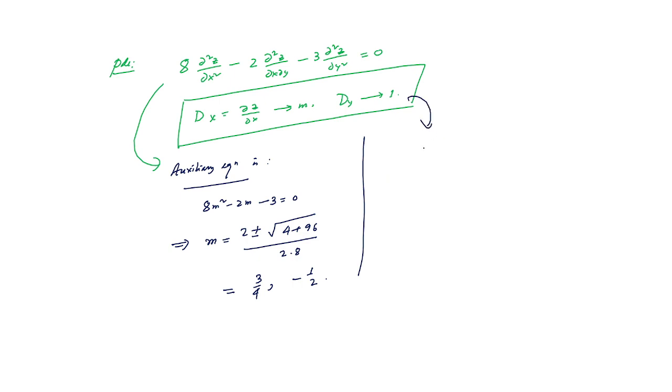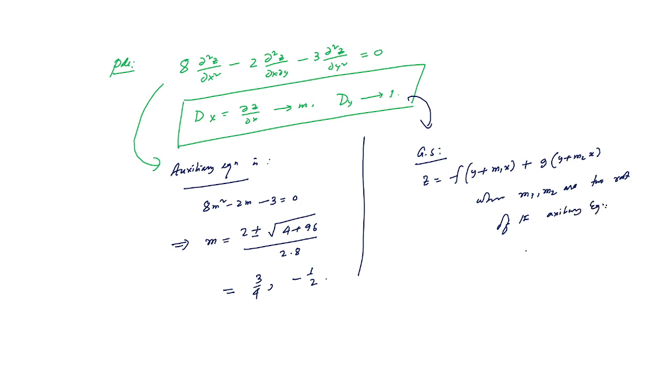Now in that case, what will be our general solution? Because it is a homogeneous linear PDE, the general solution will be z equals f of y plus m1 x plus g of y plus m2 x, where m1 and m2 are the two roots of the auxiliary equation a m square plus b m plus c equals 0, where a, b, c are constants.